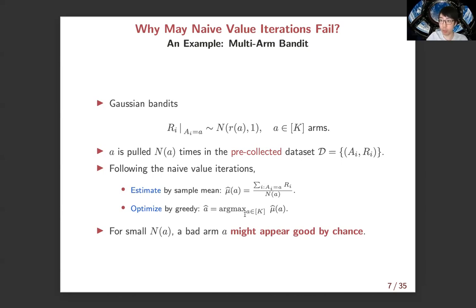Then there is a probability that because we only have a very small n, the sample average will have a very large deviation from the real mean, and by chance, this sample average will turn out to be very large. So it means that it will look very good just by chance.